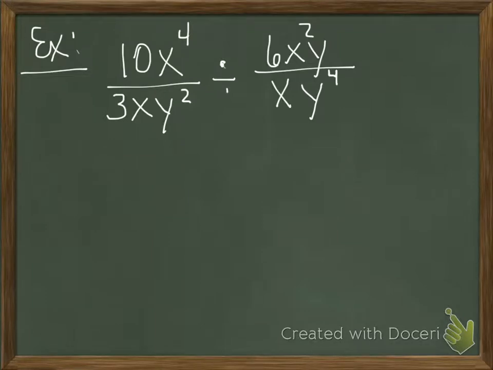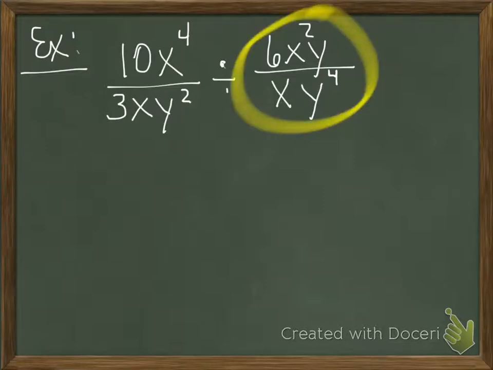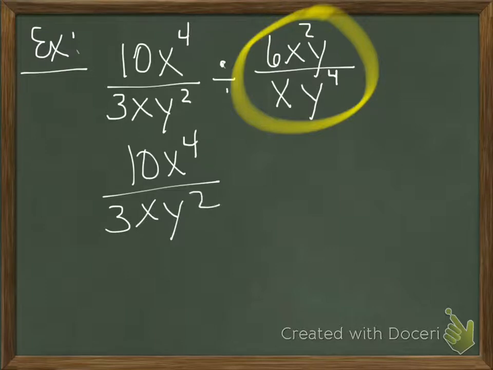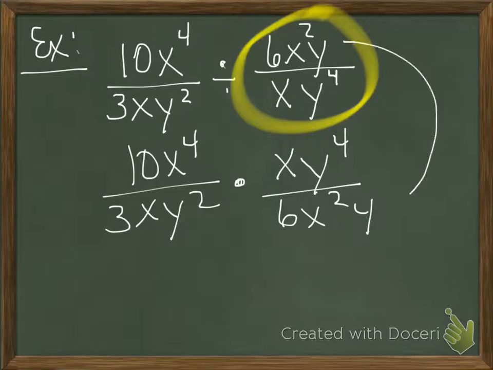This one, I'm going to do the first step, which is to flip my second fraction. So I'm going to rewrite this as 10x to the 4th over 3xy squared times xy to the 4th over 6x squared y. As you can see, my numerator became the denominator and my denominator became the numerator.